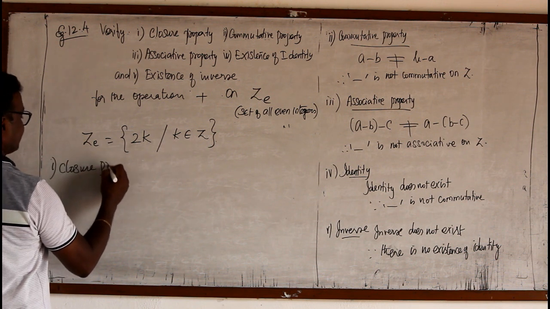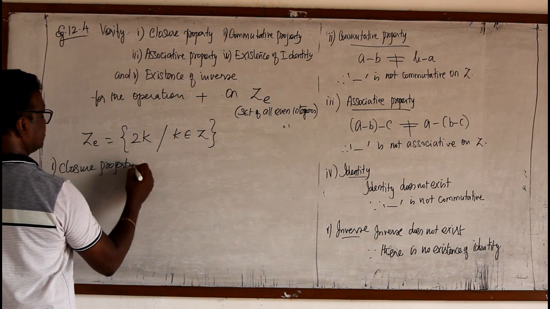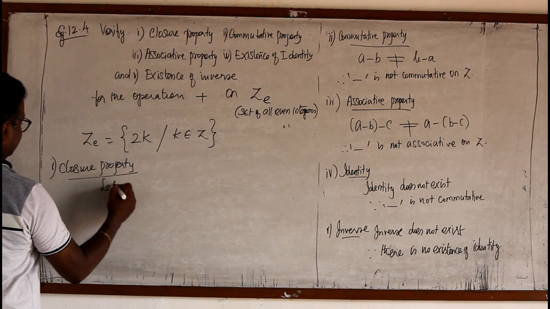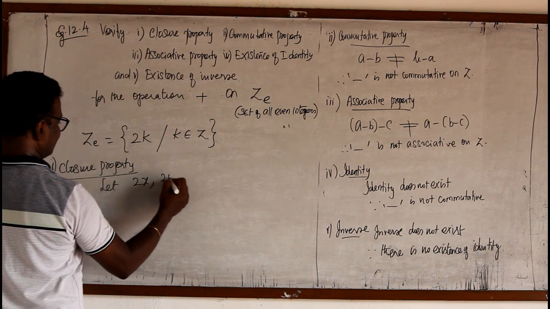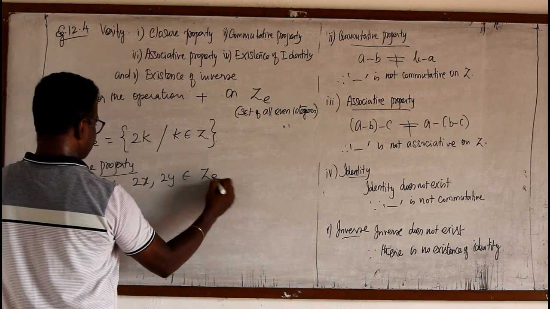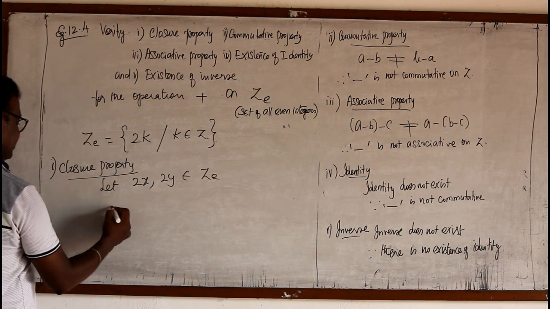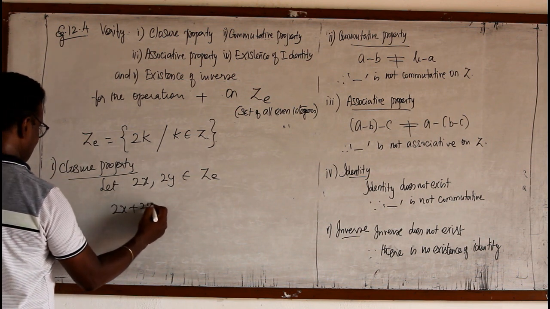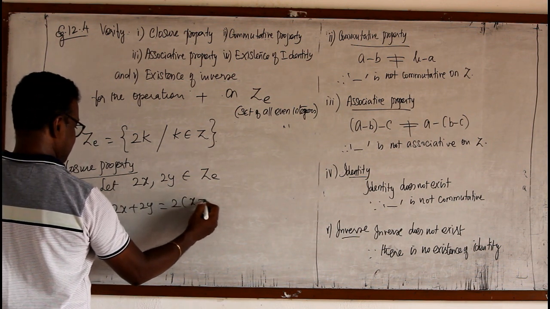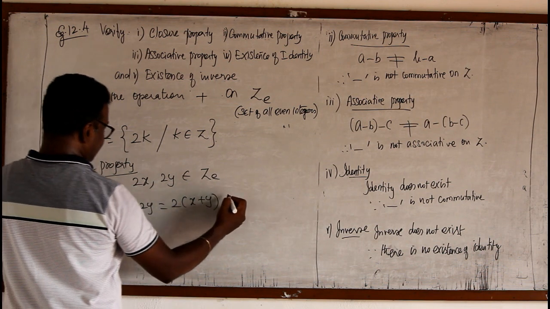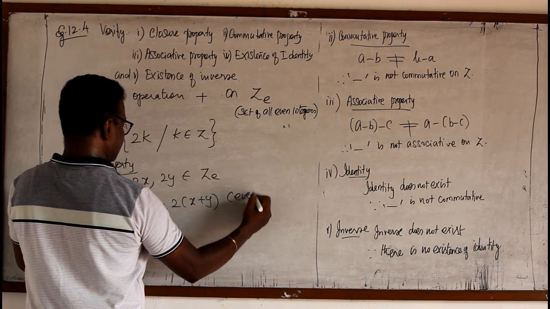Closure property. Let me take 2x, 2y belongs to ZE, then only we can say they are conformably even numbers. Then 2x plus 2y is 2 into x plus y, which is given.